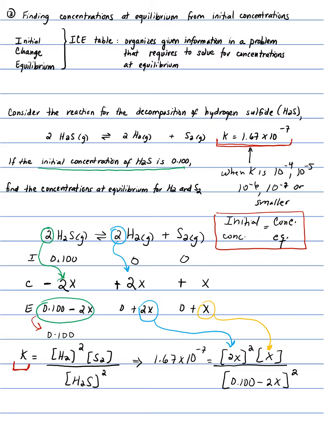So we're erasing this term here, 0.100 squared. Simplifying that concentration at equilibrium for the reactant, you now have 2x squared times x over 0.100 squared, and all of that is equal to 1.67 times 10 to the minus 7.